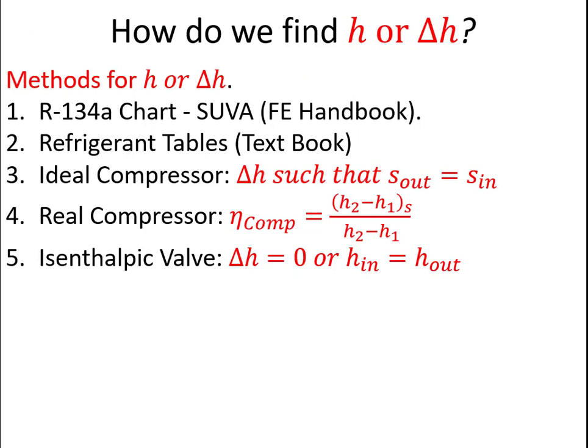We can look at charts like the one for R134A in the FE handbook. We can look at refrigerant tables in our textbook. We can look for ideal compressors or turbines such that they're isentropic processes where S does not change. We can use isentropic efficiencies for turbines or compressors. Or we can, in this case, look for an isenthalpic valve where delta H is 0 across the valve.